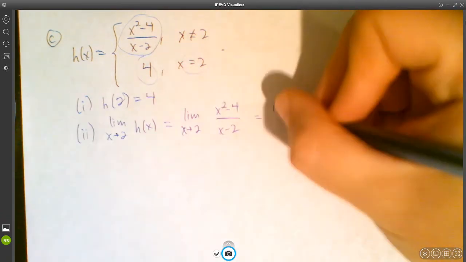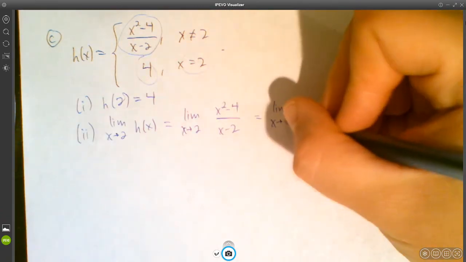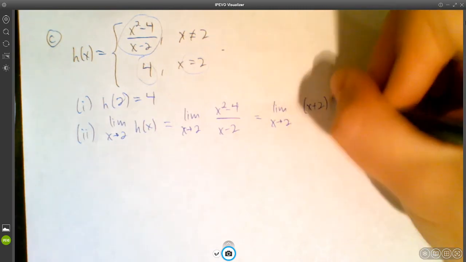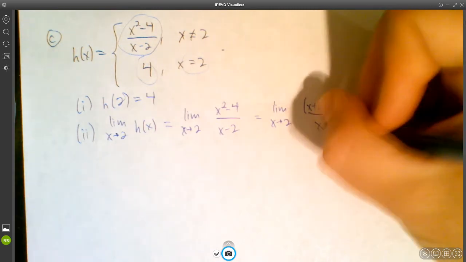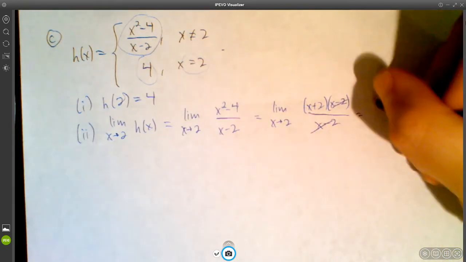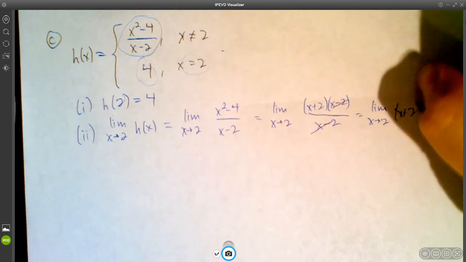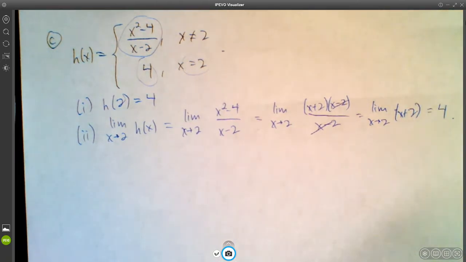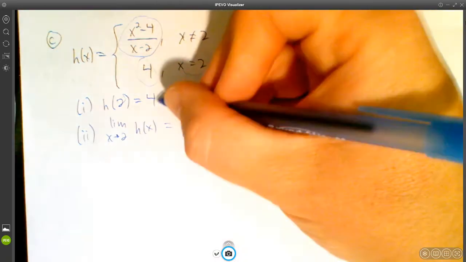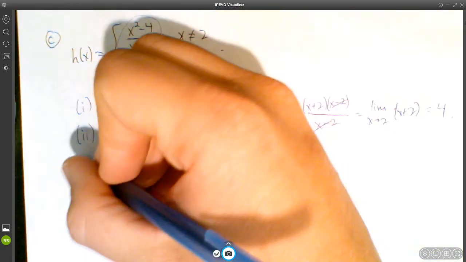Okay, so we just did this, right? So the limit exists, right? The function value exists, the limit exists.